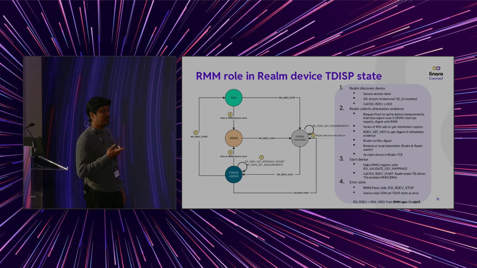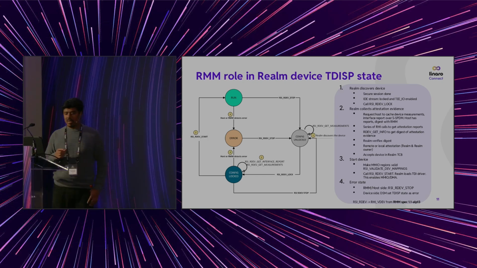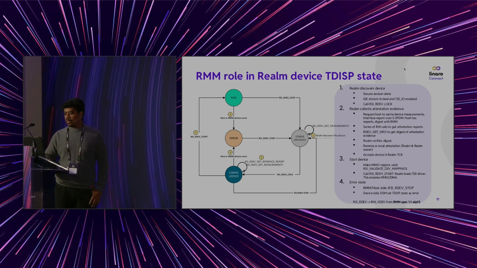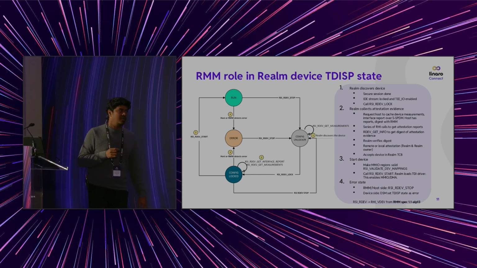That is the first state where the realm will see the device, and during that state, the secure session is done, the IDE is streamed, the IDE is locked, and the IDE keys are released. The realm can now do an RDEV lock, which takes the device state to a config locked state.